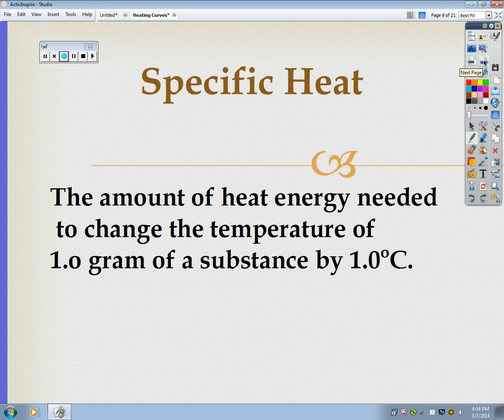Here's a definition you have to know. Specific heat: the amount of heat energy needed to change the temperature of 1 gram of a substance by 1 degree Celsius. So what's that mean? If I want to heat something up, the amount of heat energy I need to heat 1 gram of that substance and change it by 1 degree is the specific heat.